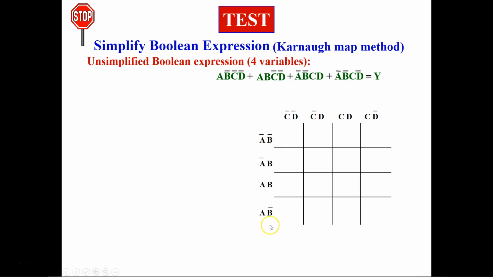The AB portion remains the same, but previously you just had C, so you had C bar and C. Now since you have D, you have to make combinations for that too. That's why you see CD bar, C bar D, CD and C D bar. If you mess up how they are placed, like putting CD here and C bar D there, then your simplified expression is going to be incorrect.